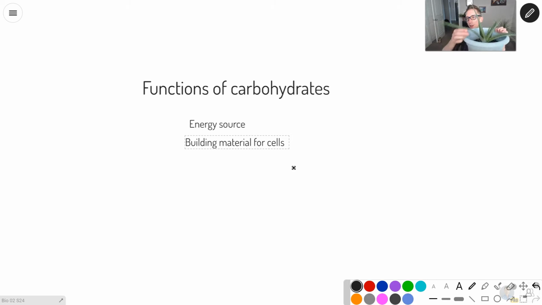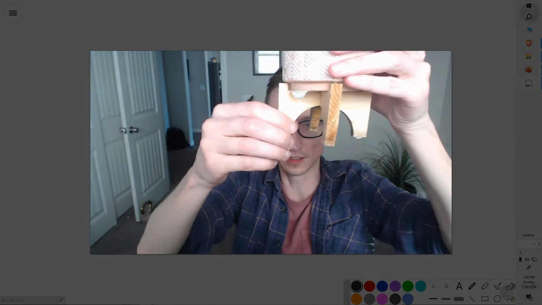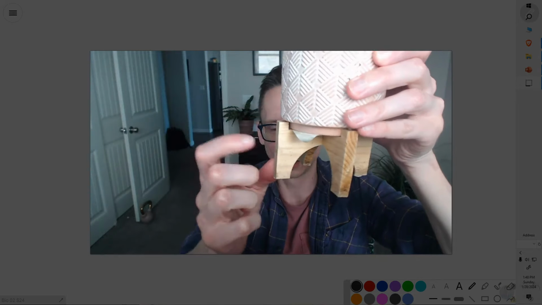This is a little aloe vera plant. All of this is made out of a carbohydrate called cellulose. That's what plant cell walls are made out of. Here I've got a little jade plant, and it's got a little base, and that little base is made out of wood.